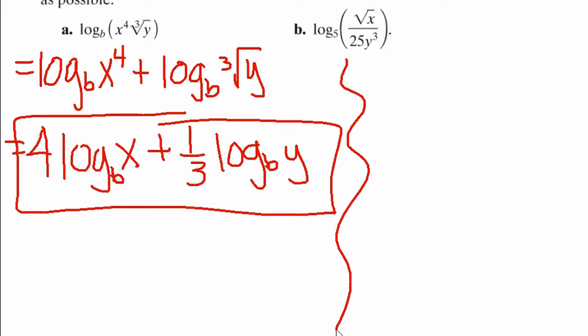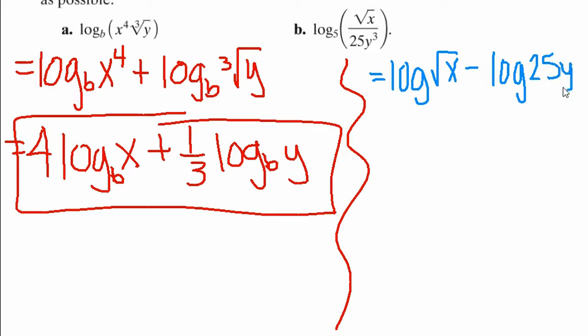All right, on B, since I see division, I'm going to subtract. Okay, and then for log square root of, oh, I forgot my base. My base on this one was 5. So let me write in that 5. The base is important.